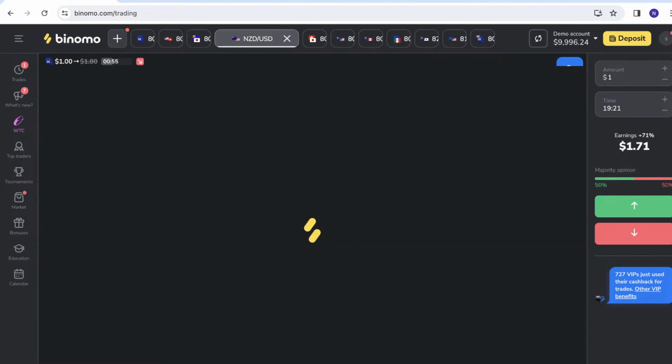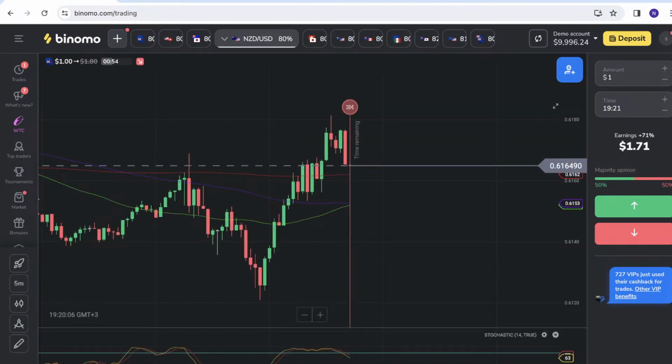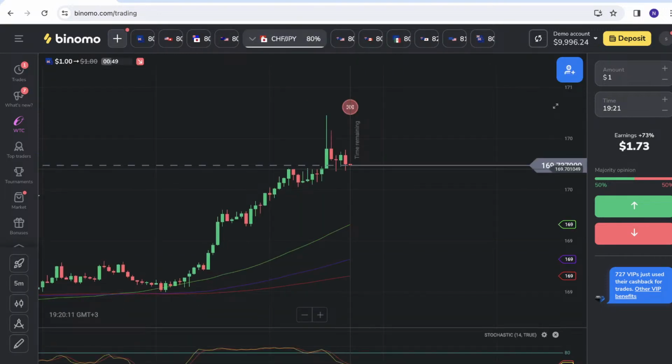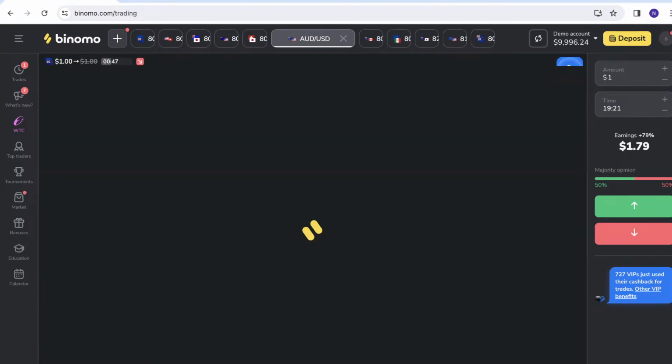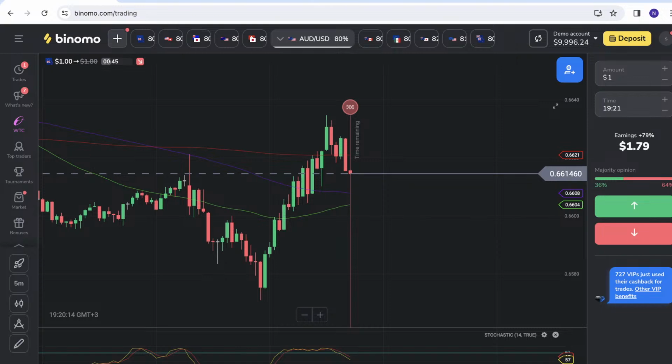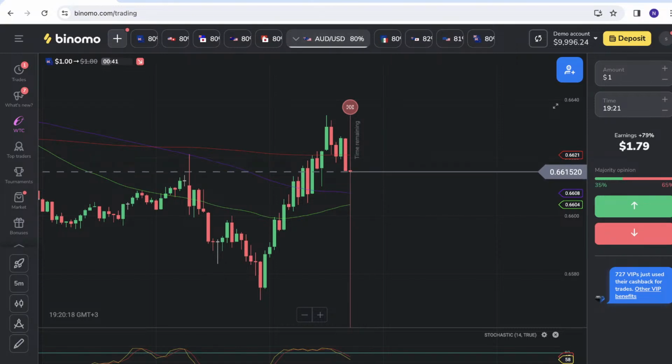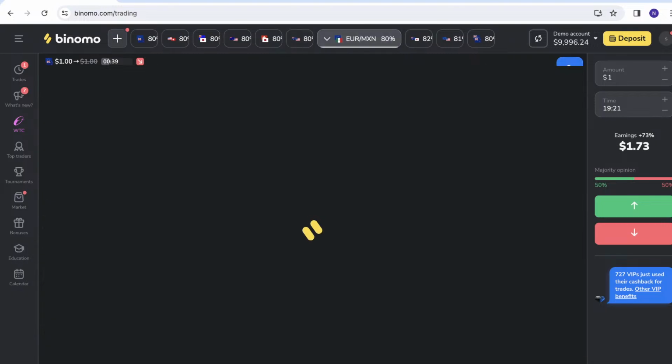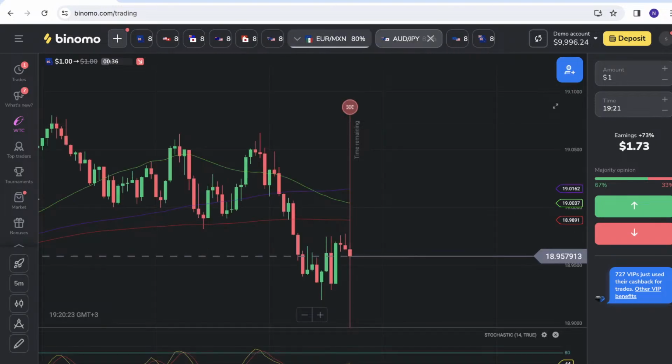Also, you can use different time frames and expiration times, but if you use 5-minute, 10-minute or 15-minute expiration time, you will get good trading signals, and these signals will have good quality.